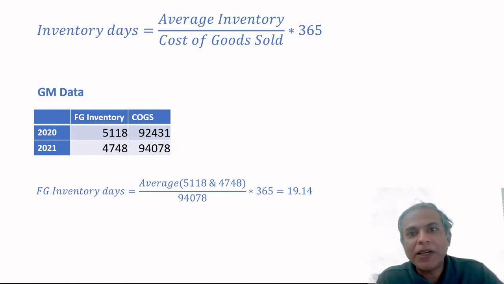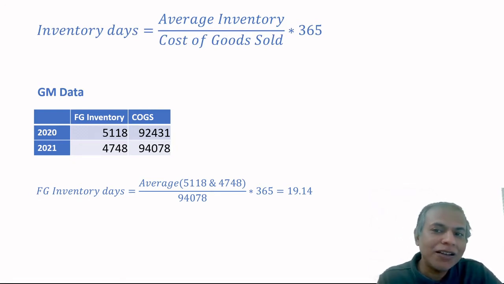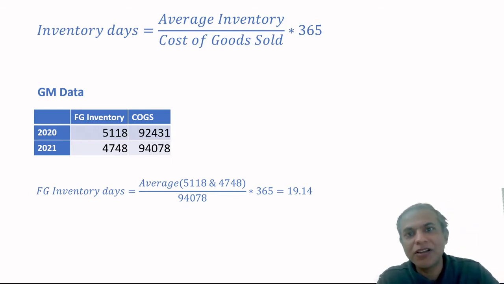So for 2021, they carried 19.14 days of inventory. So even if they stop producing, theoretically, they can still sell for 19 more days. That's what we are talking about. That's why this ratio is very intuitive and very easy to understand.